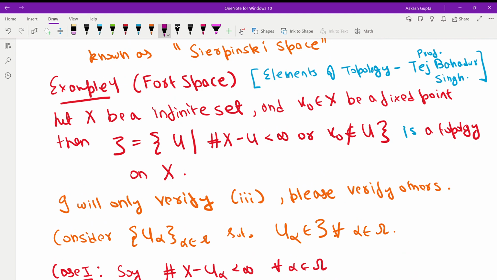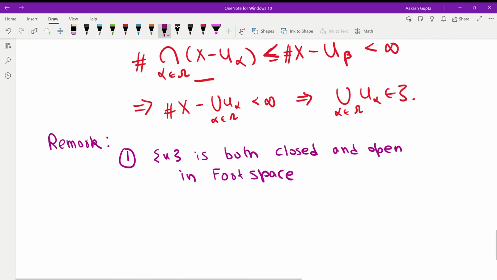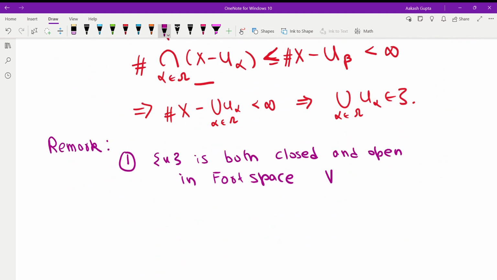The space which I have given you here, I am considering the same. X is an infinite set and this is the condition, for every x in X minus singleton x naught.